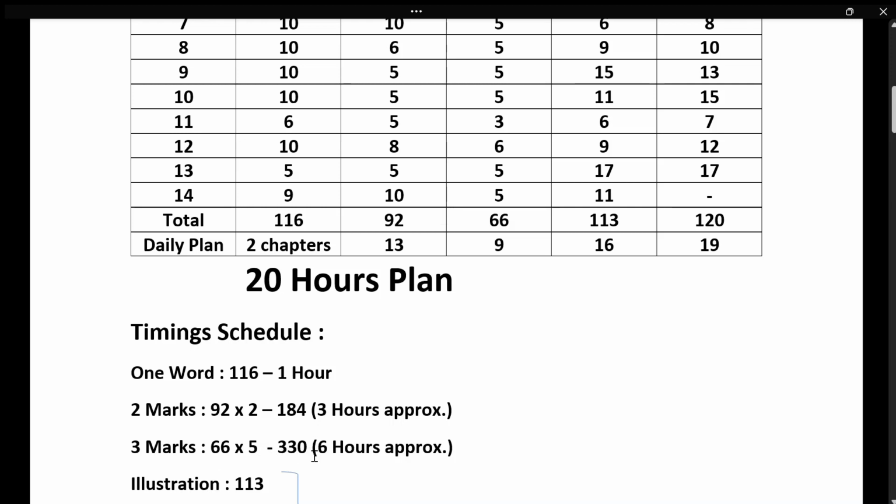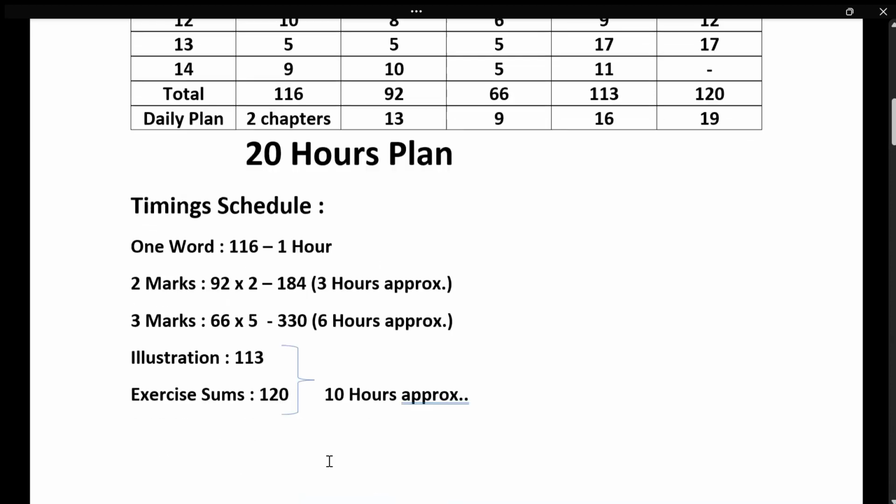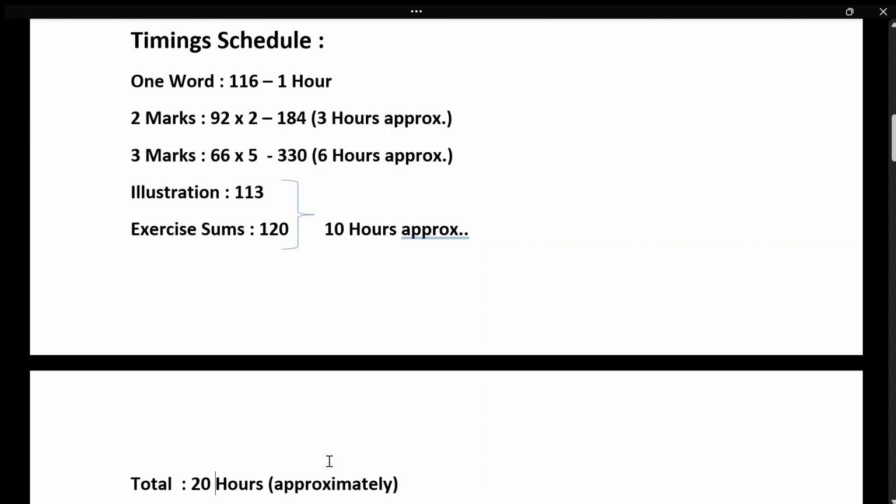So you can cover all these 3 marks, because some 3 marks questions will be asked in 5 marks also in theory questions. So 6 hours, and illustration and exercise sums 10 hours if you spend 5 minutes or 3 minutes, okay? So 10 hours it will take.